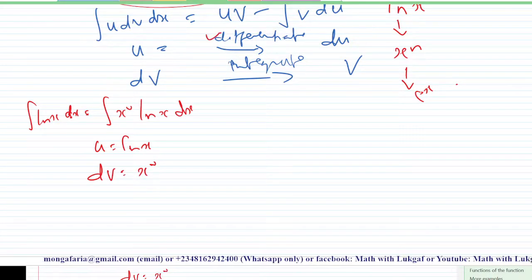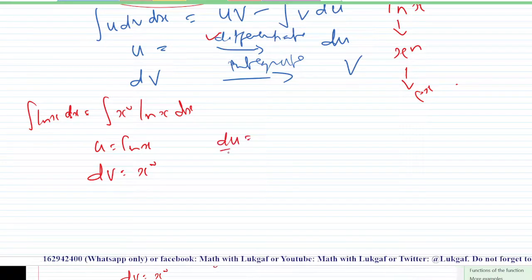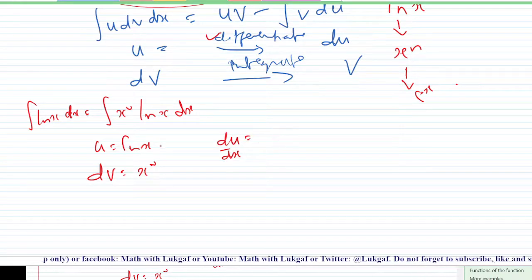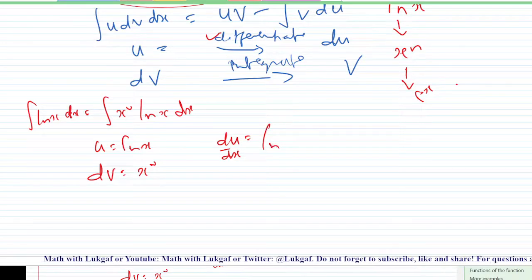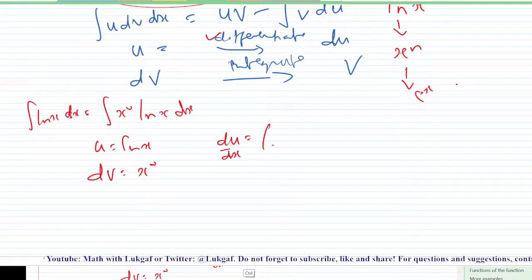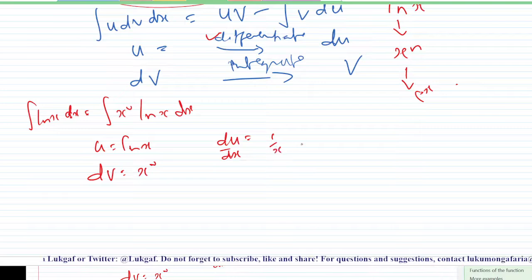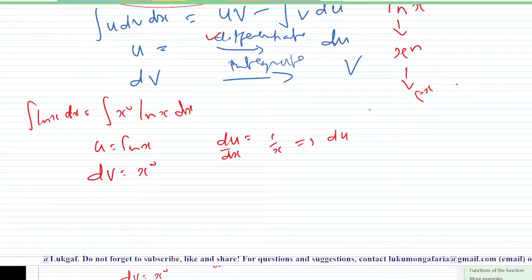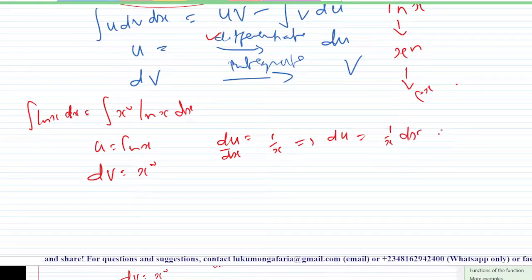Remember what I said: the one you take for your u, you differentiate it. You have du/dx. The derivative of ln x will give you 1 over x. Then you can say that your du is going to be 1 over x dx.